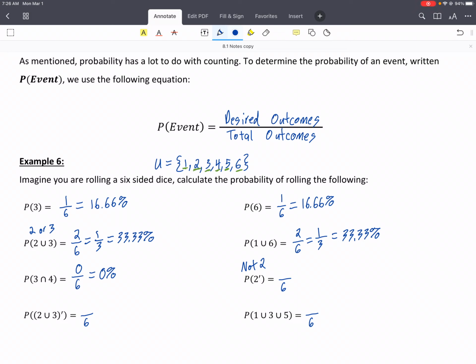So if we just take out our 2, we have 1, 2, 3, 4, 5. So we get 5 out of 6, which is roughly 83.33%.